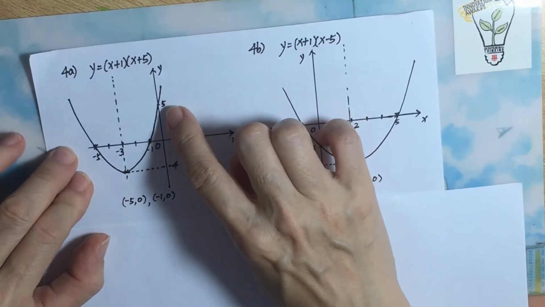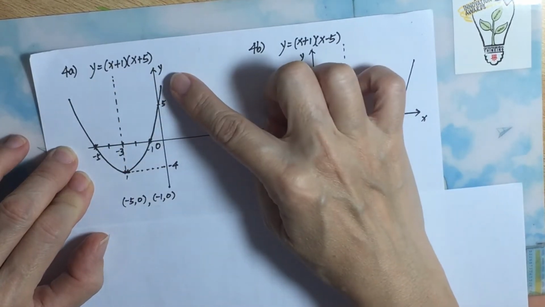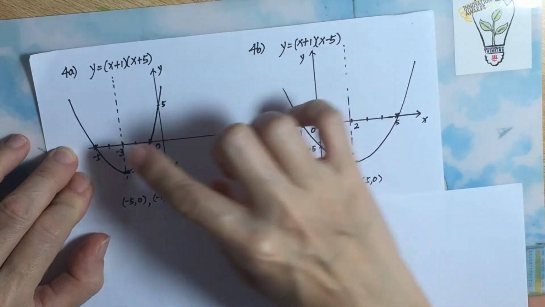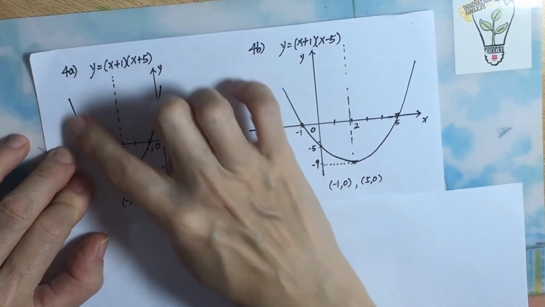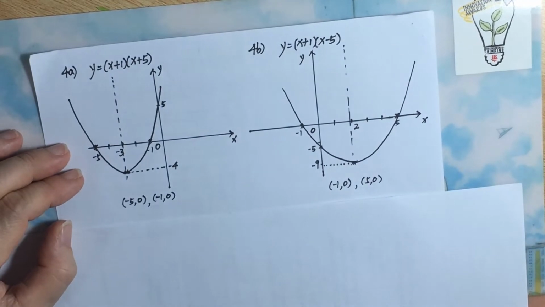So with these 1, 2, 3, 4 points, you'll be able to draw a rather smooth curve, just a sketch. You just join these 4 points. Some of you may ask, do I need to take so many points?